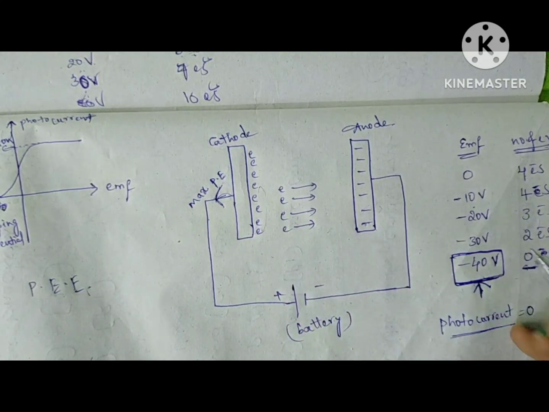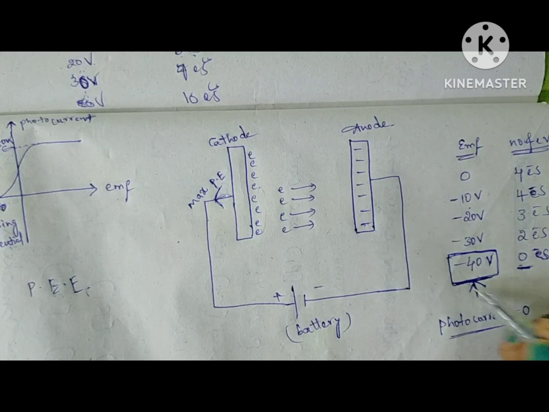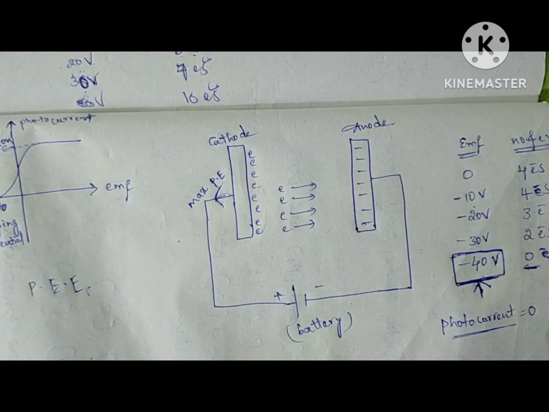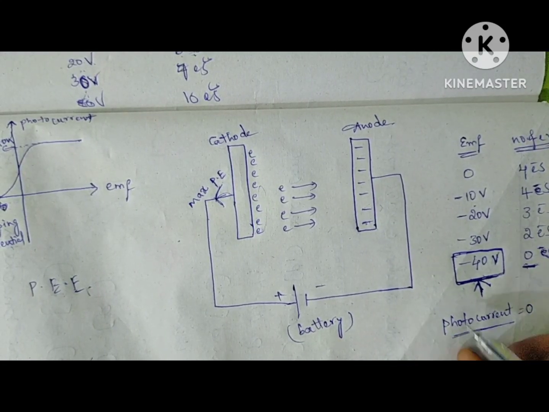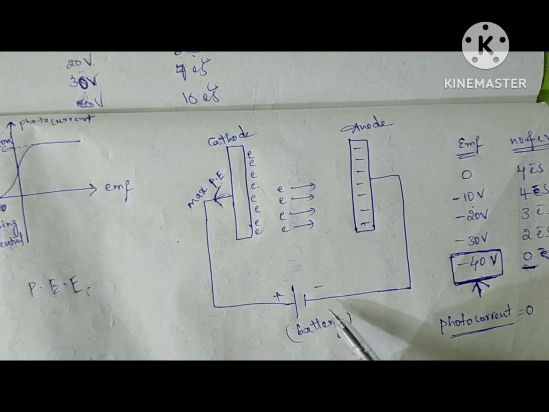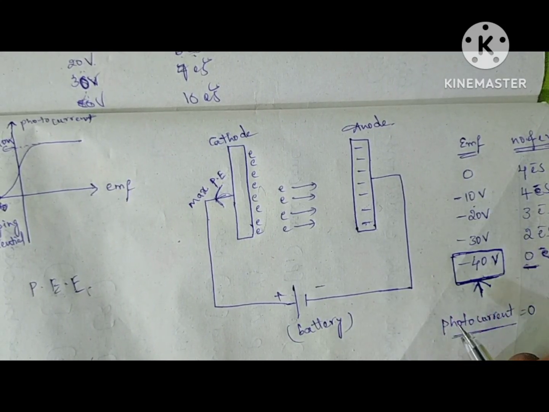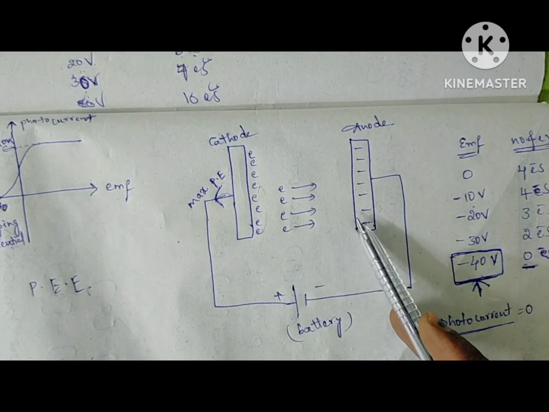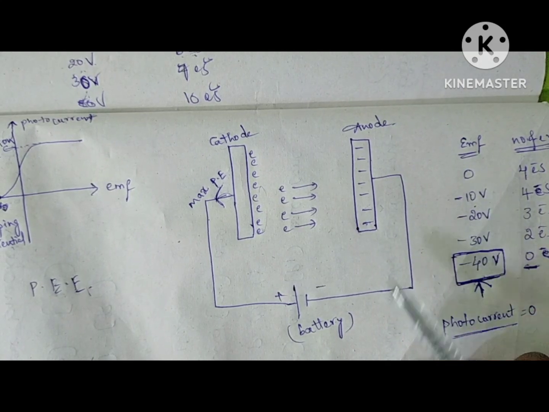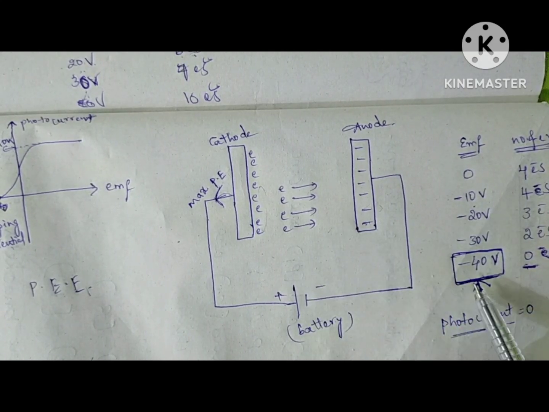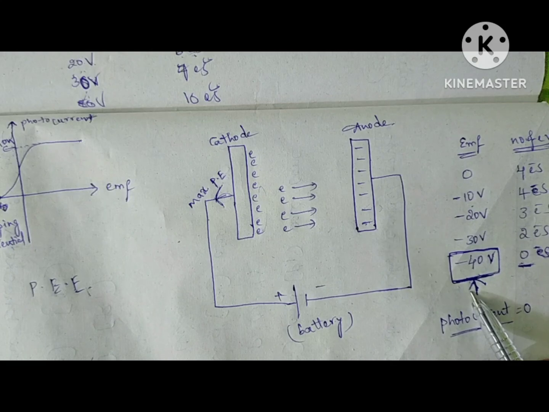Why? Because at stopping potential no electrons flow. Why? Because we are giving the negative charge, so there is no EMF between the cathode and anode, so there is no power supply. That's why this point is called the stopping potential.